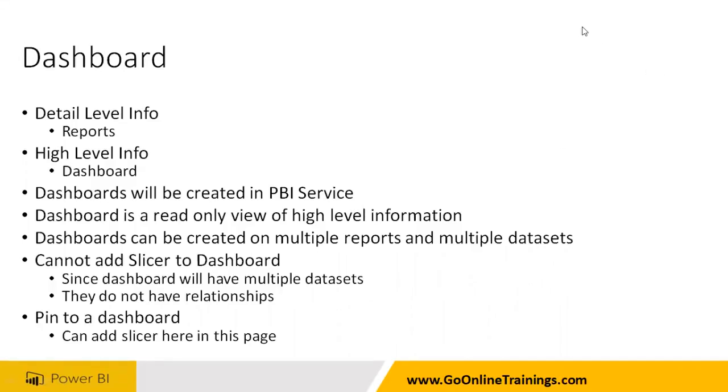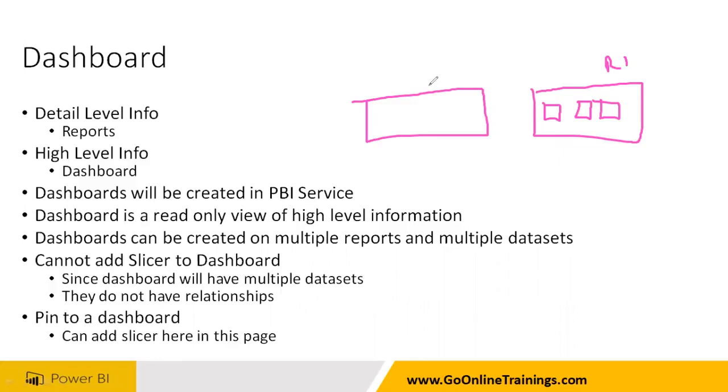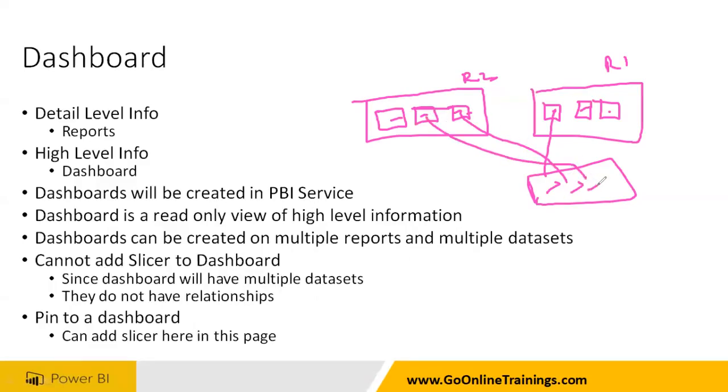What is the meaning? You prepare report number one, which has a lot of pages, and in each page you have a lot of visuals. You also create report number two, with a lot of pages. So you create a dashboard: you get one visual from here, one more visual from here, one visual from there.